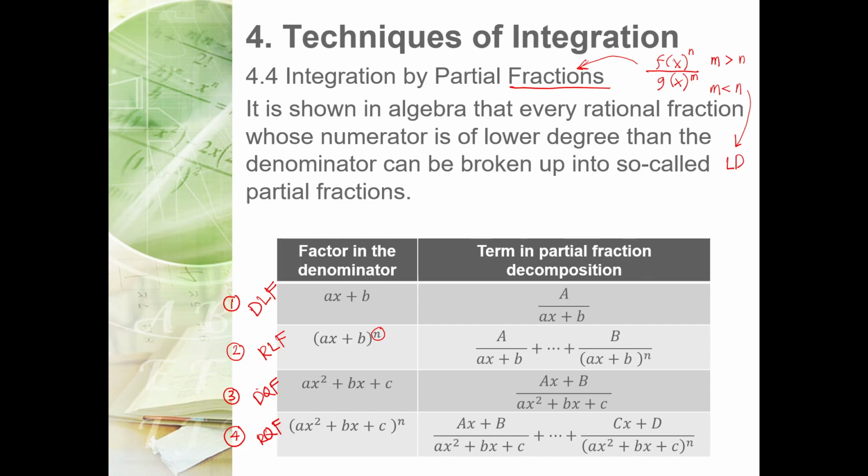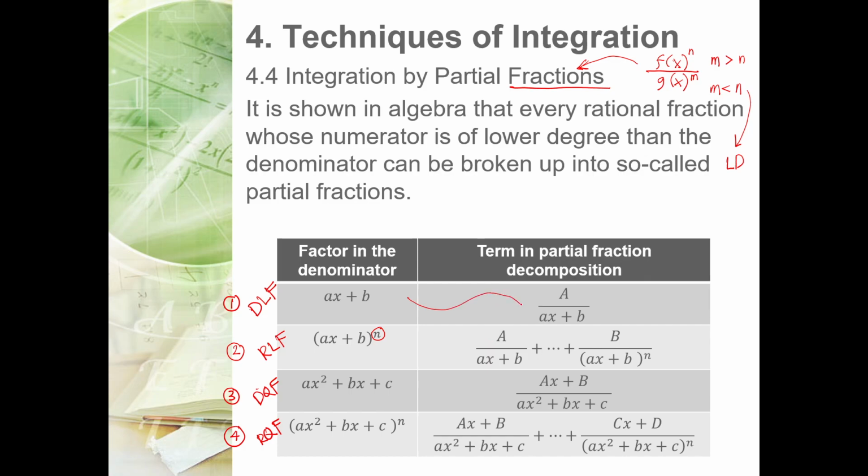So the next step is for you to understand the use of these factors in the denominator. For example, if you have discovered that you have a distinct linear factor, the next step would be to apply the partial fraction decomposition formula, or the partial fraction decomposition term that you need to apply.